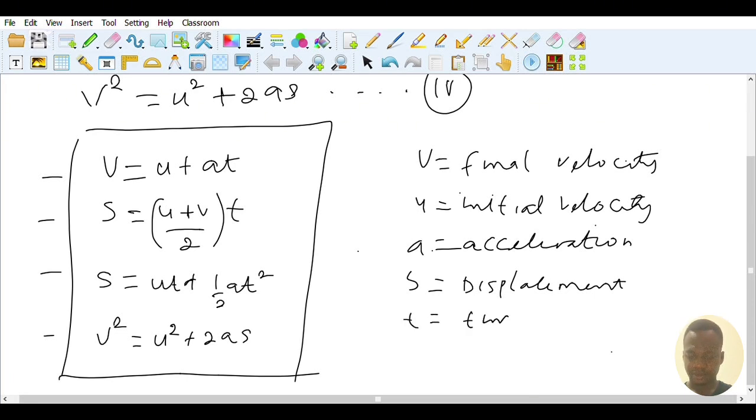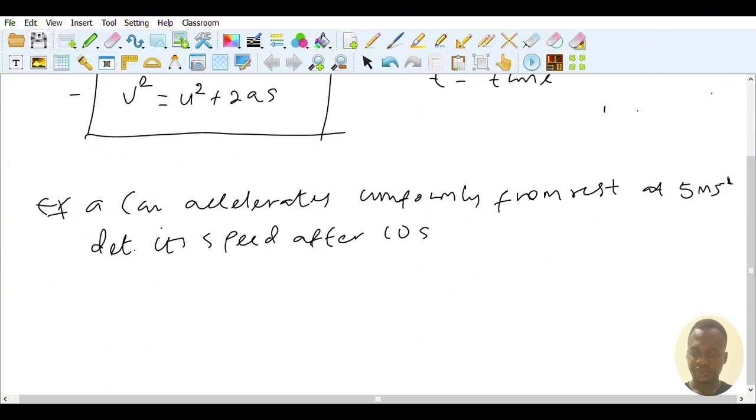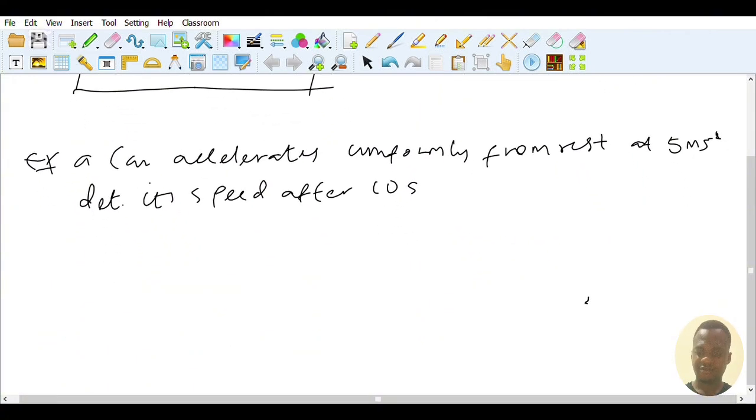The car accelerates uniformly from rest at 5 meters per second squared. Determine its speed after 10 seconds. Anytime you have a question like this, get your parameters out.